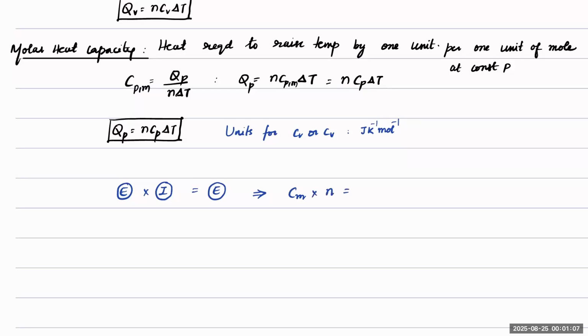If I multiply them, I get the heat capacity of the total moles, which is an extensive property, because this value always depends on total moles. As moles increase, the heat capacity will also increase.